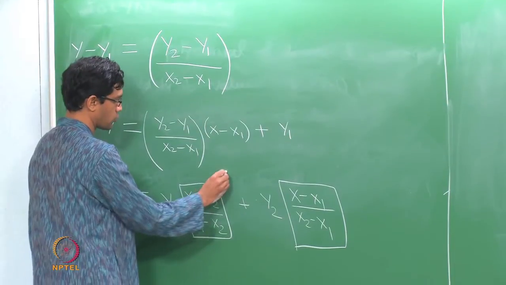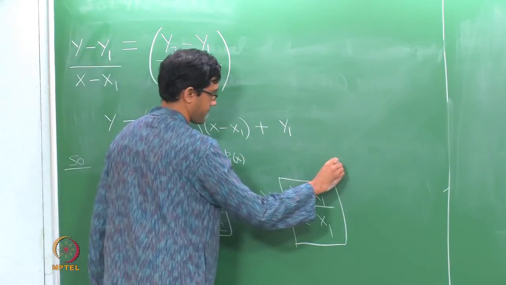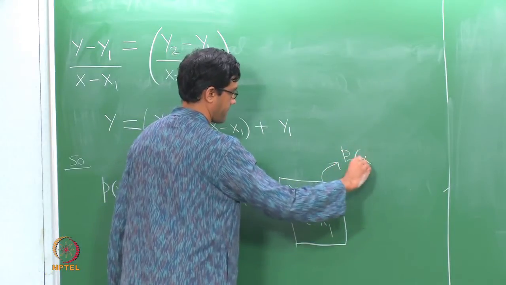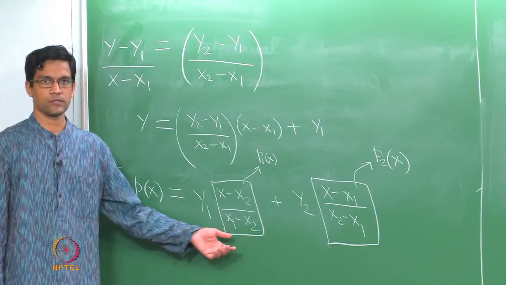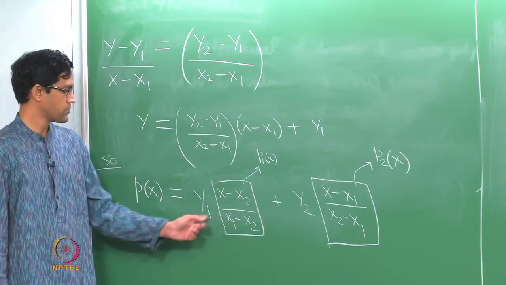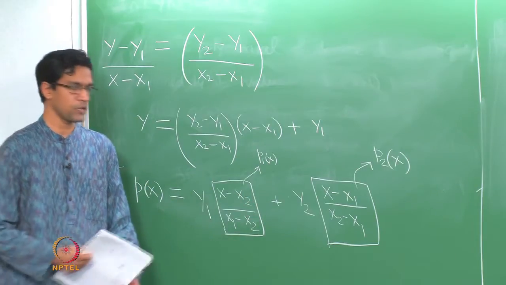So I'm going to call these 2 polynomials something. Let's call the polynomial in the first box, which multiplies y1, p1 of x, and the thing which multiplies y2, p2 of x.